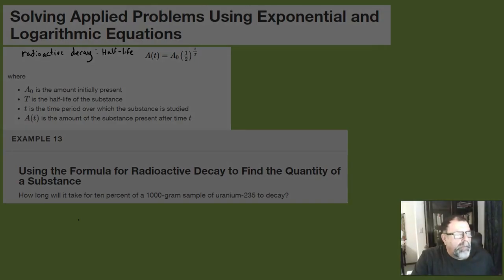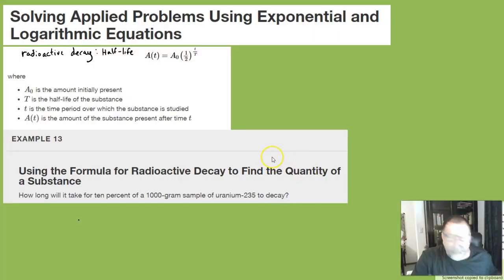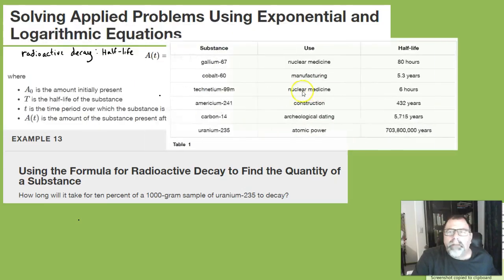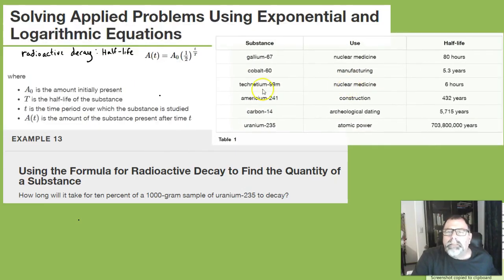So basically you can read the text up to this spot here to see how they derive that formula. I do it a little differently, but I'll go with the way the book's doing it here. So we got this half-life formula.